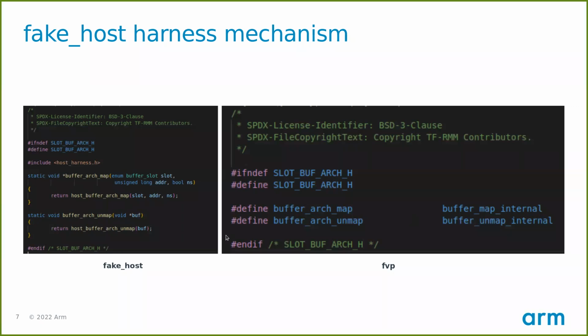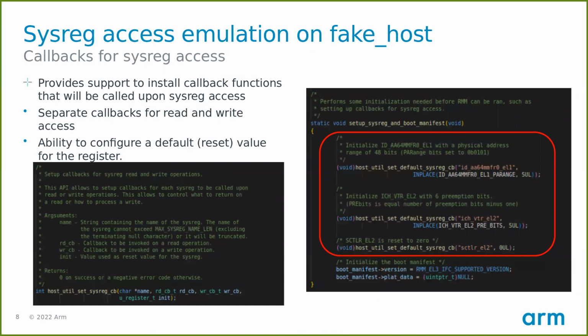Okay. So another feature that is used by fake hosts is the ability to emulate sysreg accesses. This way we can define what will happen when the fake host accesses a different register, either for read or write. For that, we have provided a set of utilities that allows installing independent callbacks for independent register access.